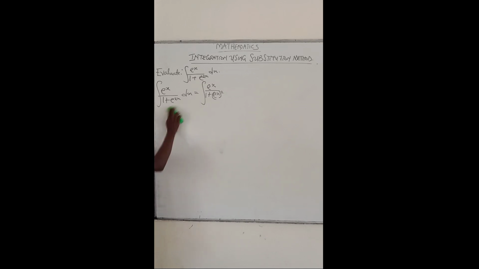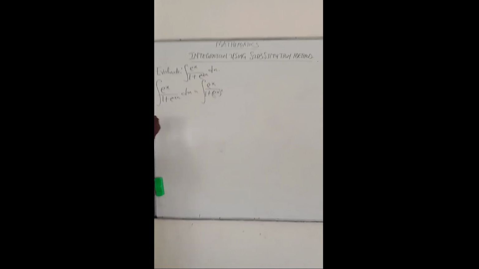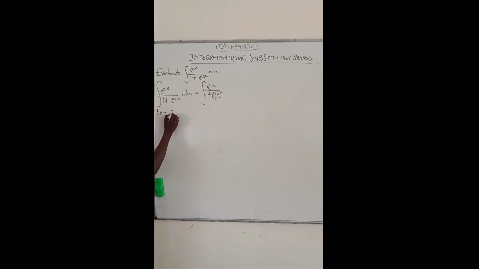So now, let u be equal to exponential x. And don't forget, if you differentiate exponential x, you are going to get exponential x. So du over dx is going to be exponential x.